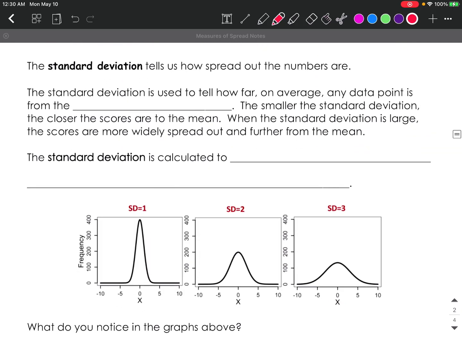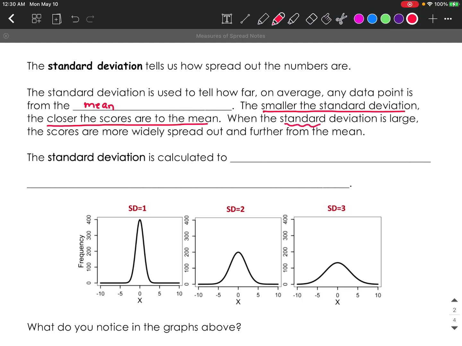Now we're going to look at something called the standard deviation. This also tells us how spread out the numbers are. Now the standard deviation is used to tell how far, on average, any data point is from the mean of the whole set of data, okay? Now the smaller the standard deviation, the closer the scores are to the mean, the more clustered together they are.